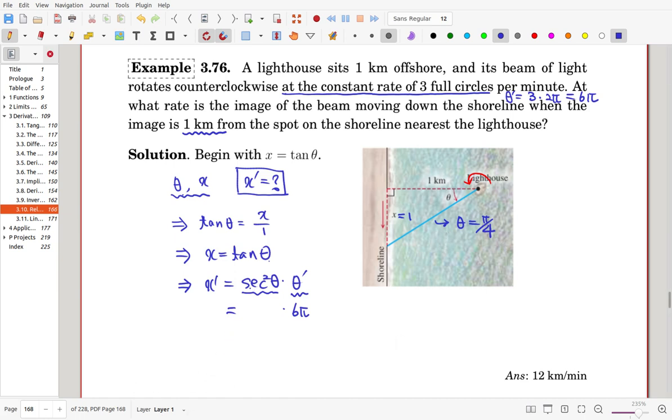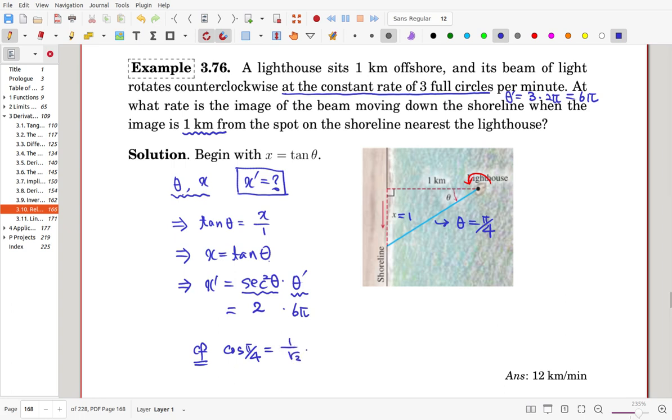Now, secant is one over cosine. Cosine of pi over 4 is 1 over square root of 2.